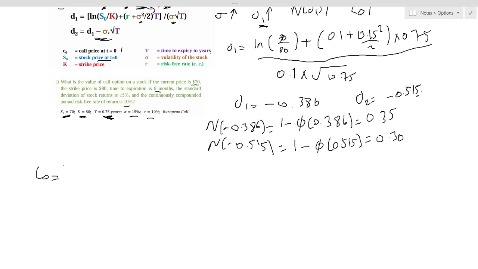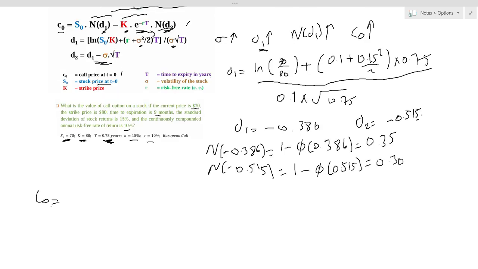If we apply the formula, we will find 70 multiplied by 0.35, minus 80 e to the power of minus 0.10 multiplied by 0.75, multiplied by 0.30, and it will give us $2.